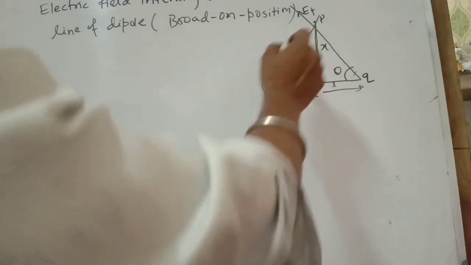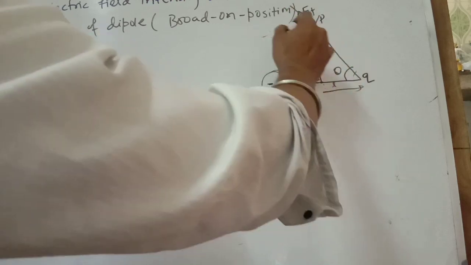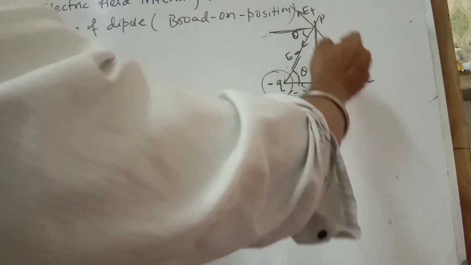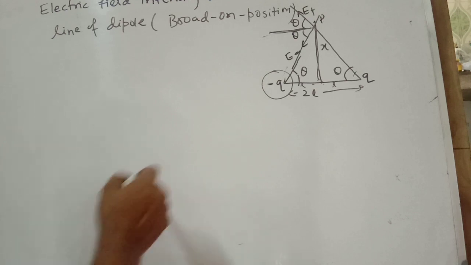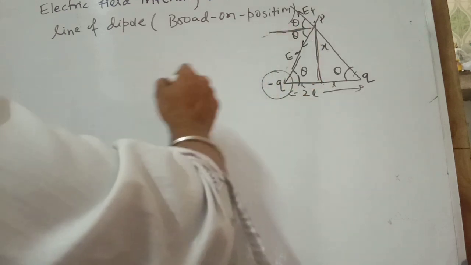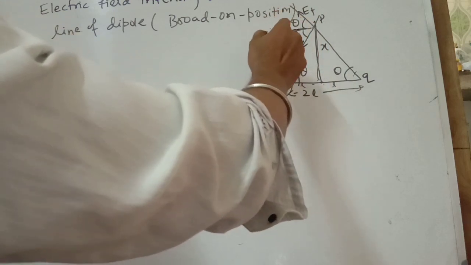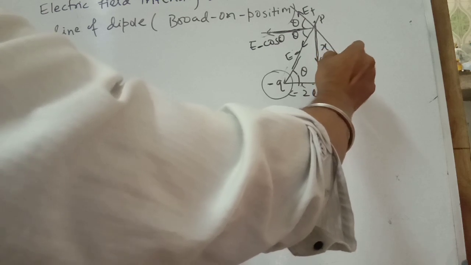Now we construct a parallel line to this dipole axis, so it will also be theta. After that we break E minus into components: one along this line, E minus cos theta, and another one, E minus sin theta.